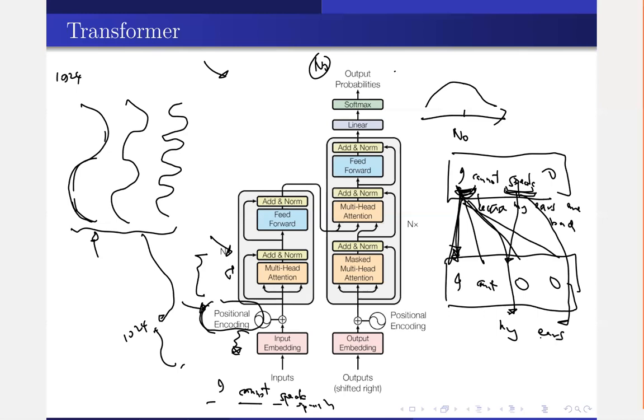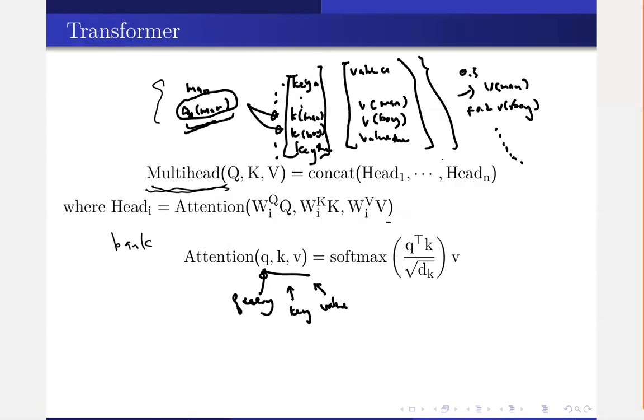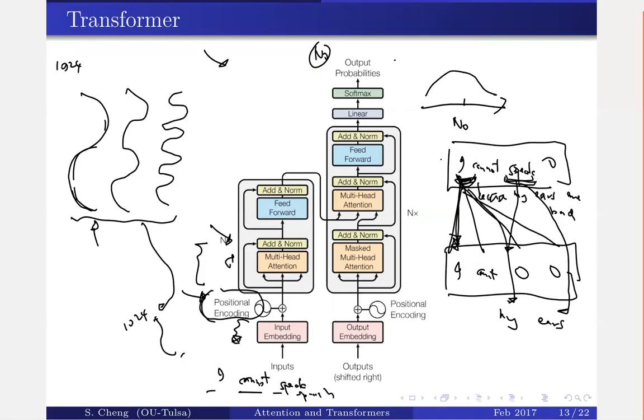After this self-attention, we have the output. We'll simply go through some other feed-forward layers here, and then we will repeat this layer several times, say n times.